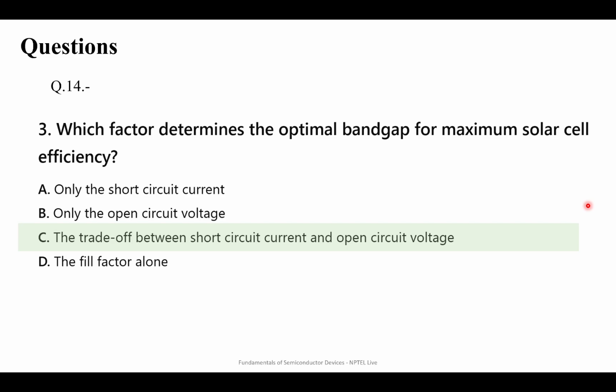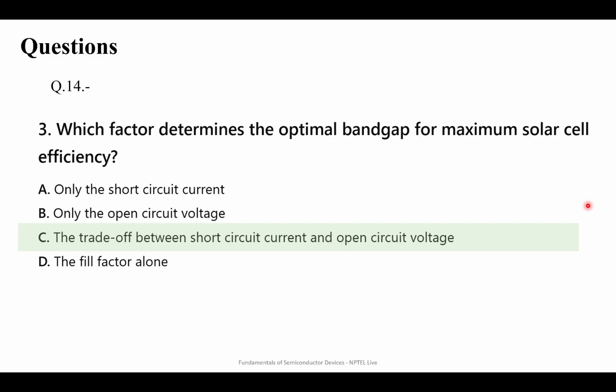Let's say the maximum Shockley-Queisser limit. Sir, for silicon it is 33%. For 1.1 eV your limit can go to 33%. If I'm going to 1.4 eV, my maximum limit can maybe go up to 45%.